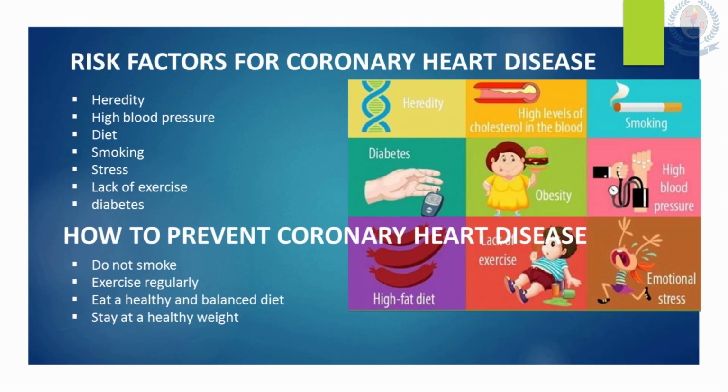You cannot avoid that one, but there are some risk factors which you can avoid. These are given here. If you do not smoke, exercise regularly, eat a healthy and balanced diet and stay at a healthy weight without going to obesity, this will help to prevent coronary heart disease.